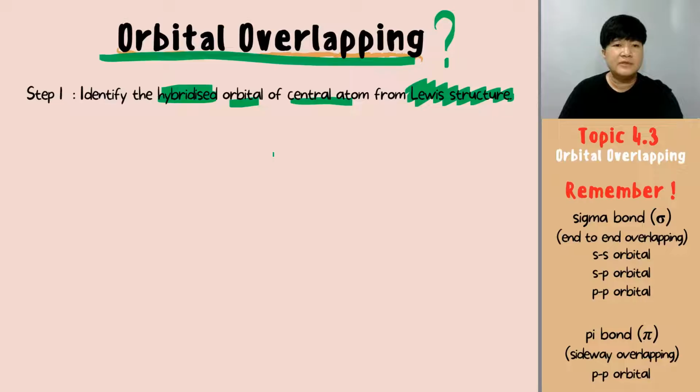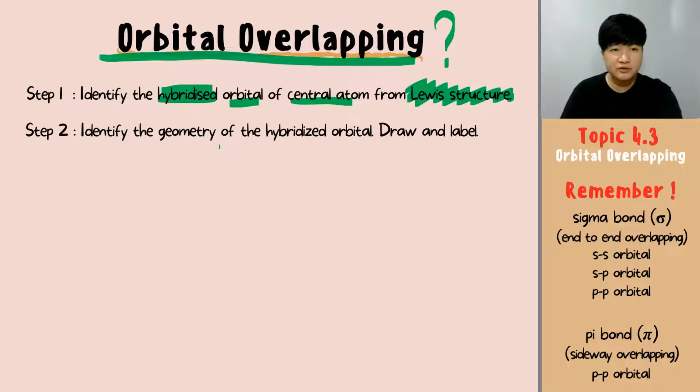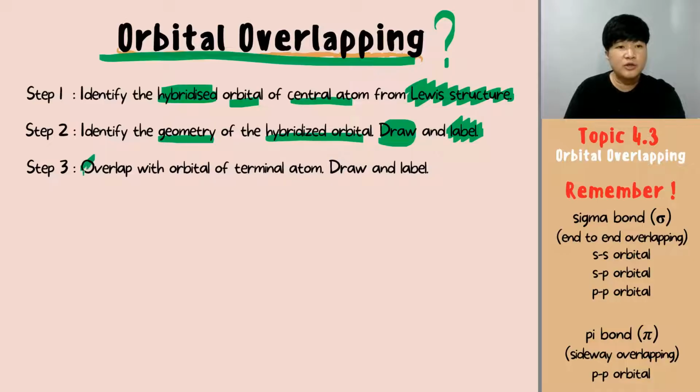After you identify the hybridized orbital, you are then going to identify the geometry of the hybridized orbital. And you are going to draw it in the correct geometry and make sure you label the correct geometry.